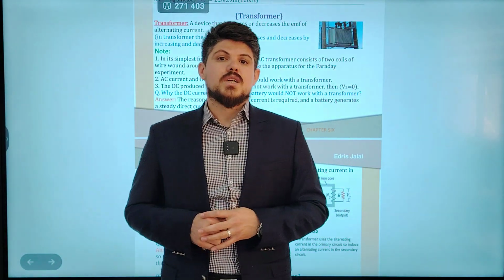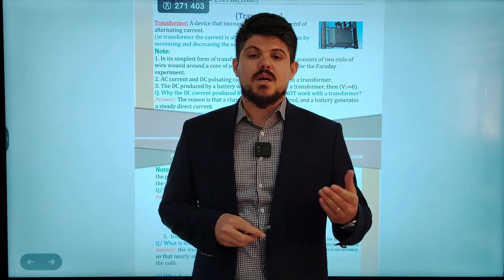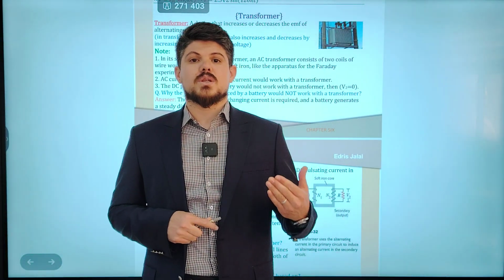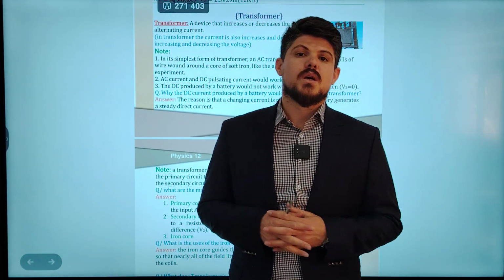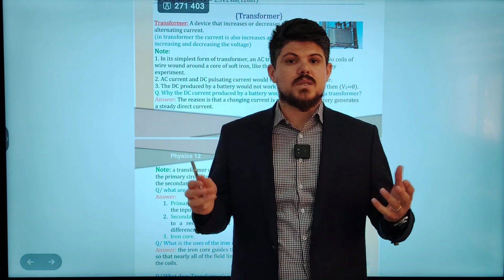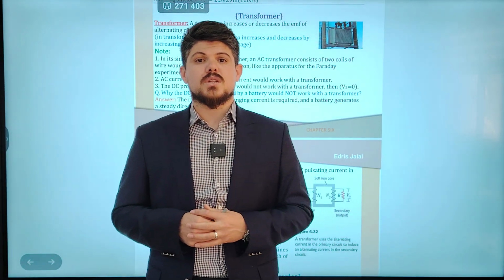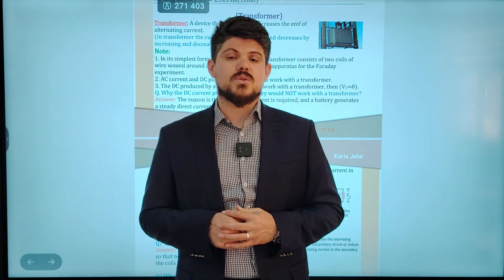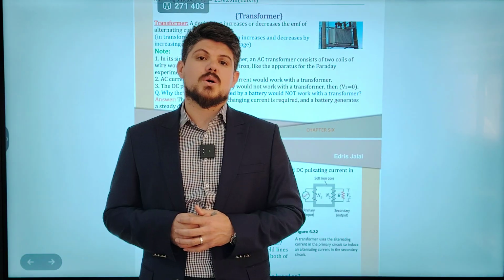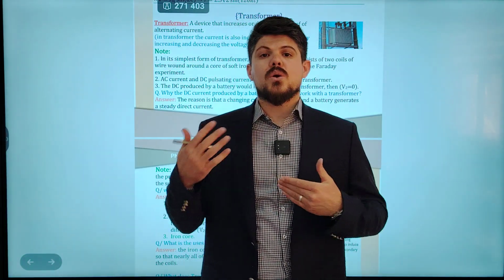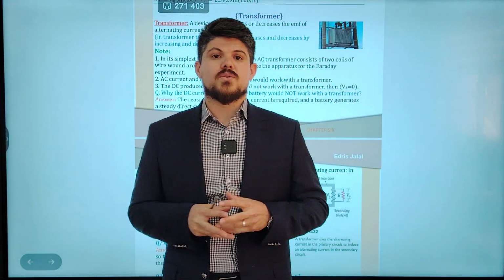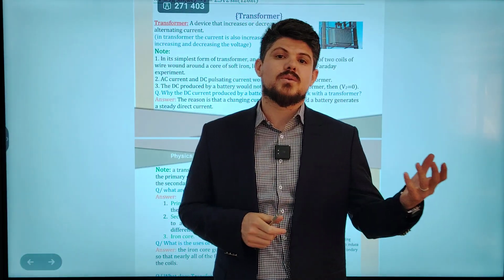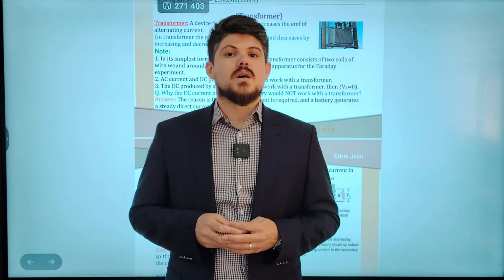Also, the transformer can be used to decrease the potential difference to a safe use, like in our city, reducing the huge potential difference when it reaches the city and the factories to an appropriate amount. It also has many applications, like chargers and many other electrical devices, such as a microwave.